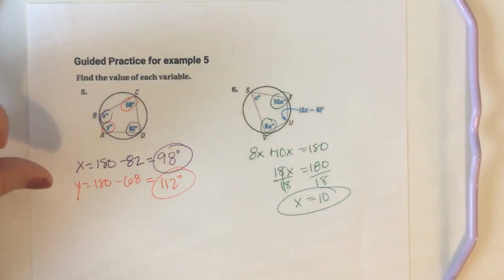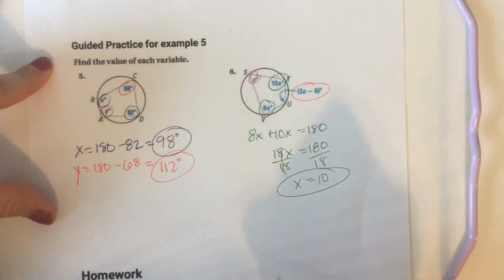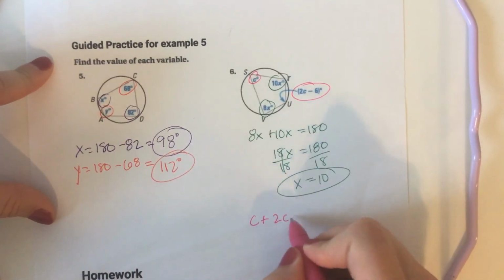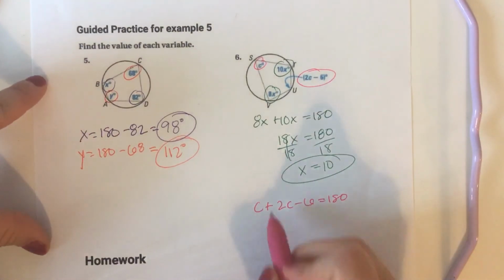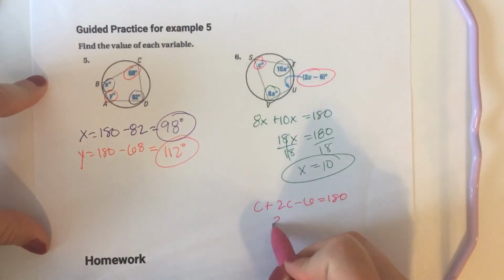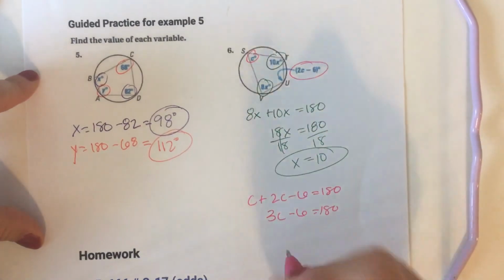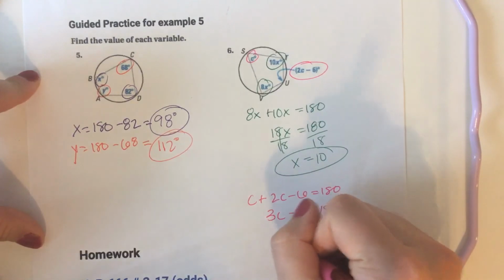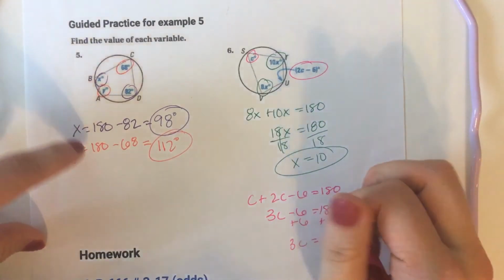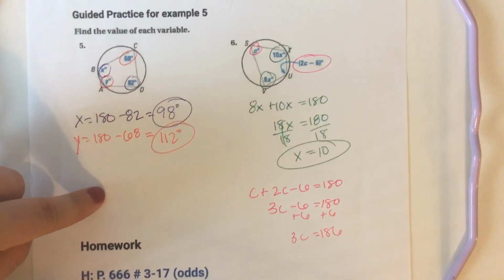And then to solve for c, we have that c plus 2c minus 6 is going to equal 180. Combine like terms, c plus 2c is 3c minus 6 equals 180. Add 6 to both sides, we get 3c equals 186.